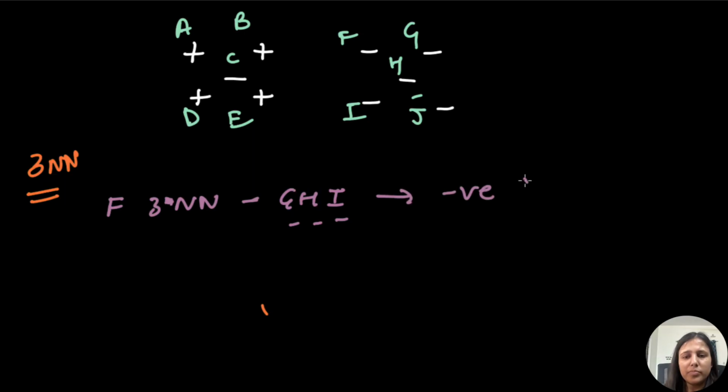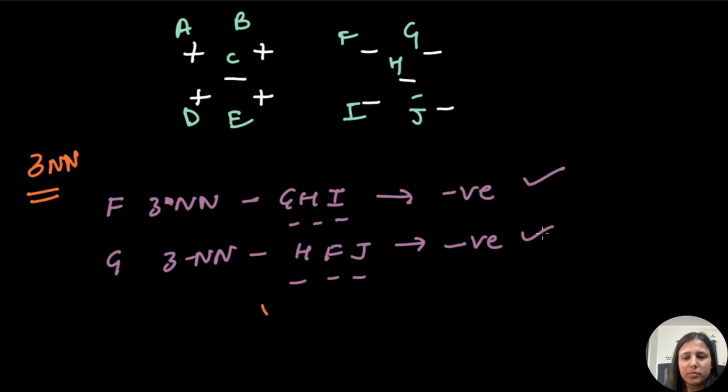Similarly for G, the 3 nearest neighbors are H, F and J, which are all negative, so this will be negative, correct. Let's talk about I and J first.